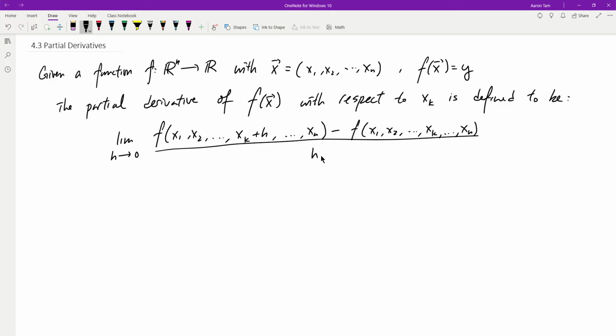Some of you might recognize this expression because it looks strangely like the definition of the derivative, except that the definition of the derivative has only one independent variable, but here we have n independent variables. However, notice the similarity is that only one of the variables has that plus h attached to it.